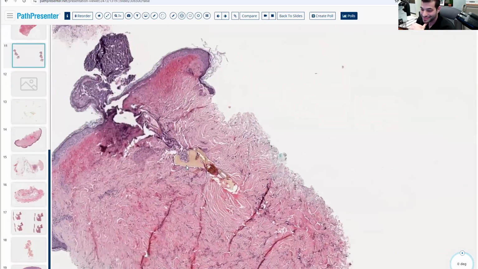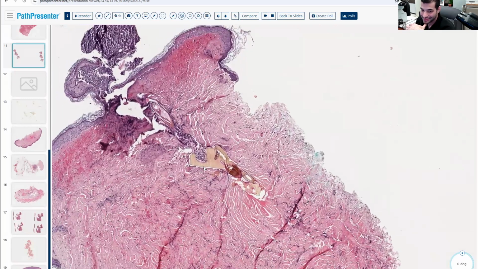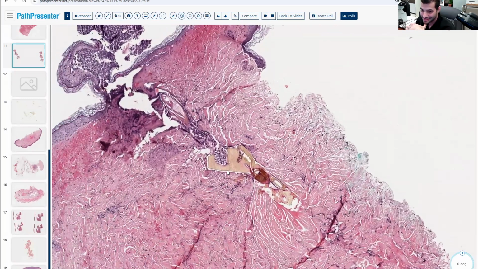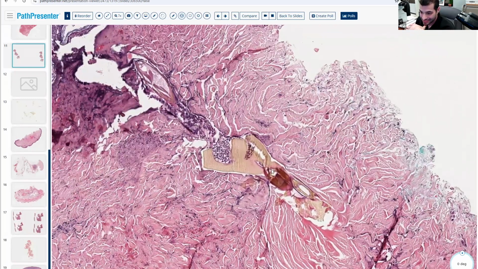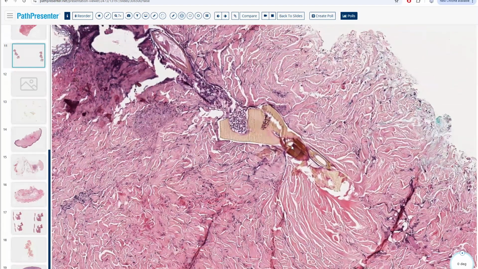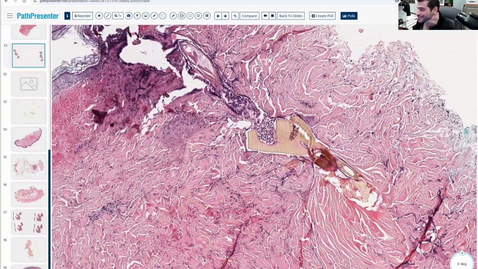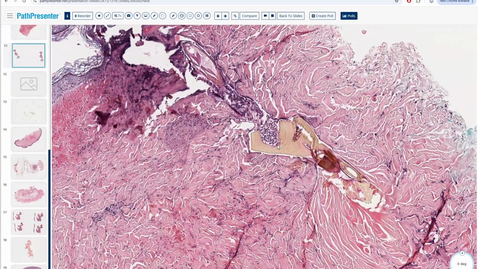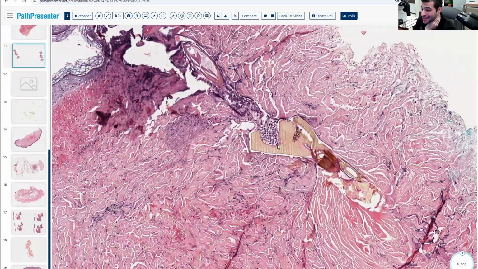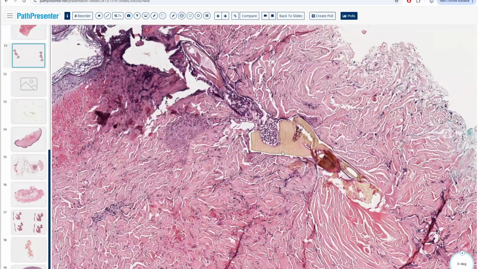And this? Notice how some of those bug parts just love staining yellow. Oh, I thought this would have been a foreign body. It is a foreign body. Like a splinter or something.